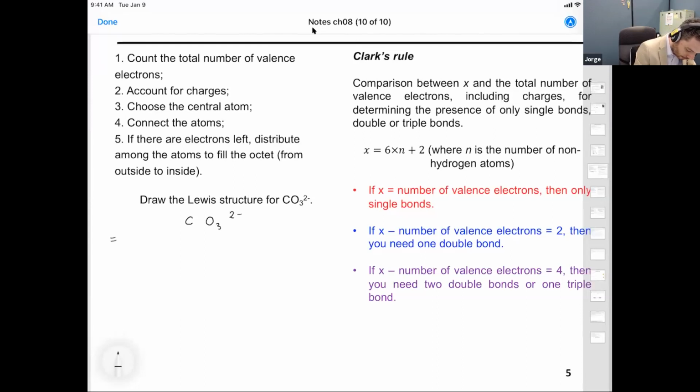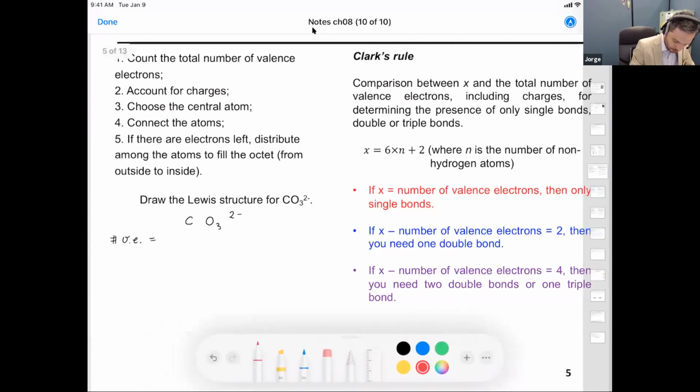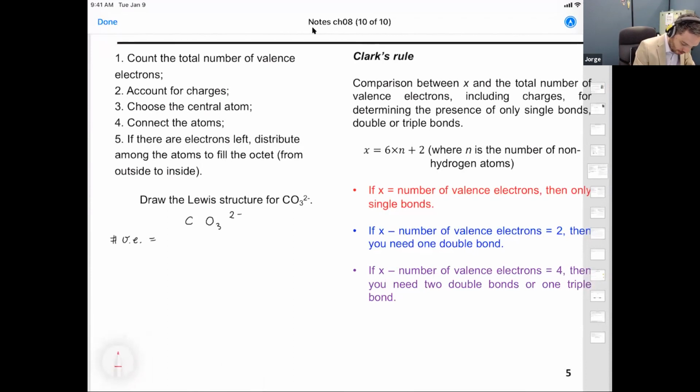So therefore, the number of valence electrons, or the number of total electrons in this case, is going to be equals to: carbon brings 4 valence electrons because it belongs to group 14.